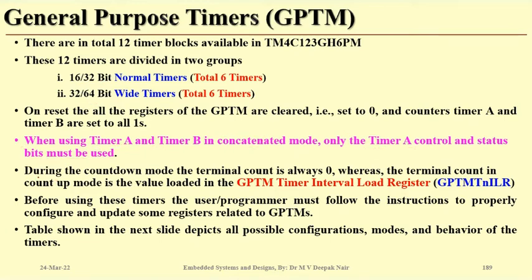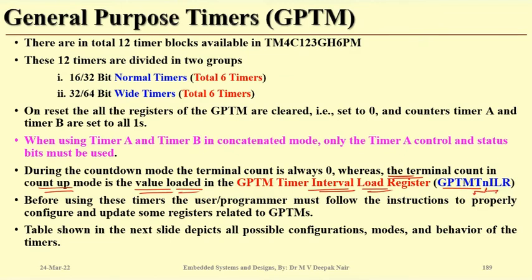Okay, third thing to remember: during the countdown mode, that means when it is coming down, the terminal count is always 0. The final count is 0. Whereas when you are counting up, when the counting is going from 0 towards a bigger number, the terminal count in the count up mode is the value loaded in the GPTM interval register, which is GPTMn.